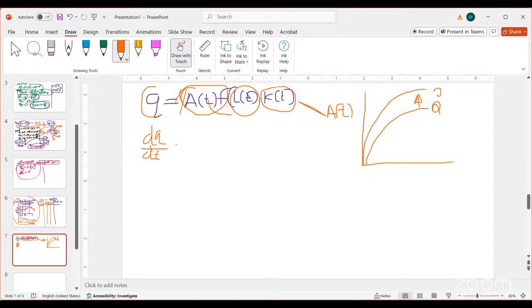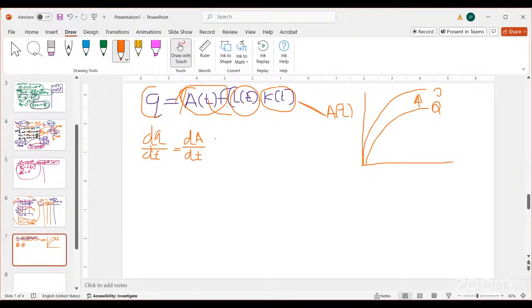When you differentiate this production function with respect to t, what you get is A also a function of t, so then we have to apply the chain rule.